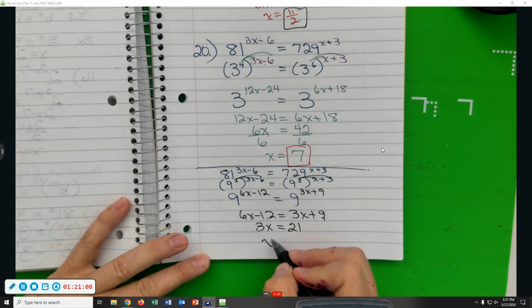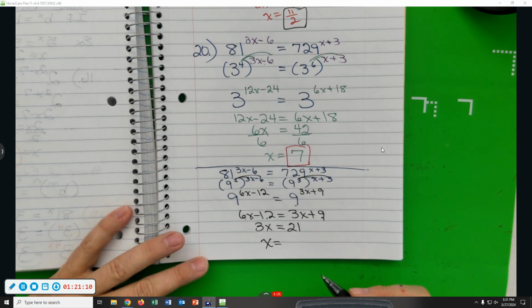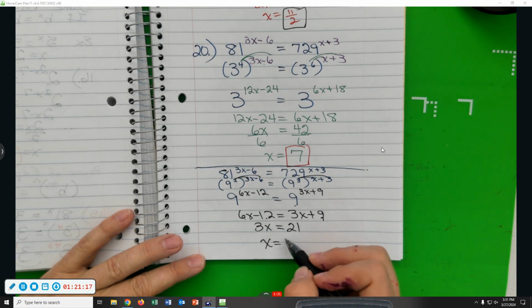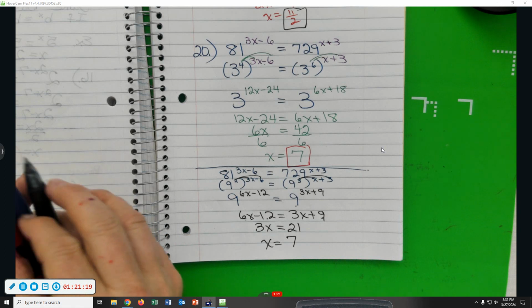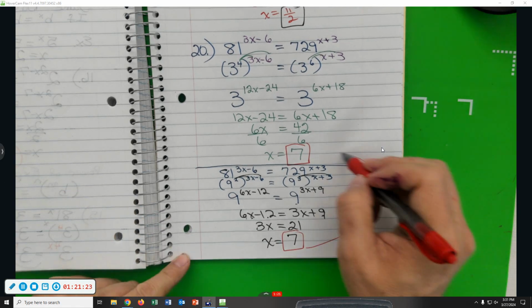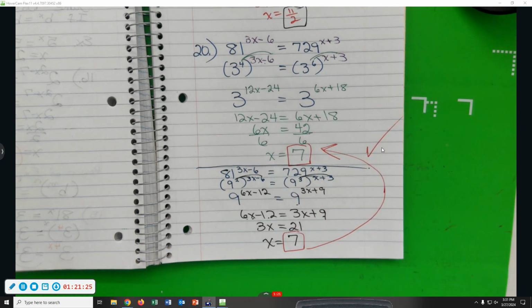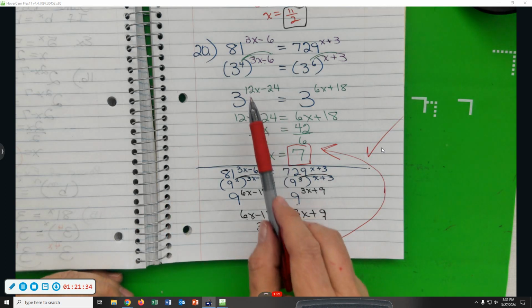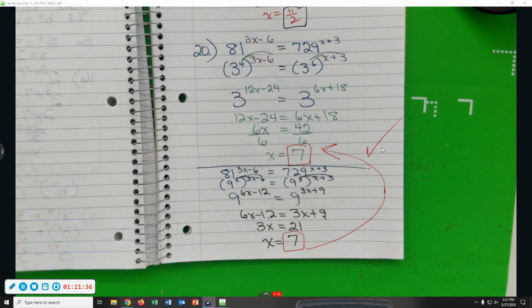What's that going to give us for x? 21 divided by 3. I agree with 7. Once again, we get the same answer, whether you use the base of 3 or the base of 9. So for those rare problems where there are 2 possible common bases, it doesn't matter which one you use. Any questions there?